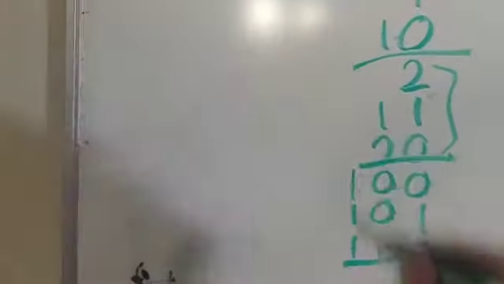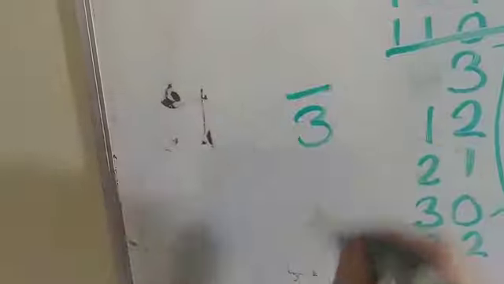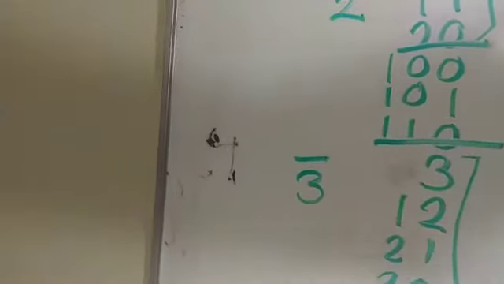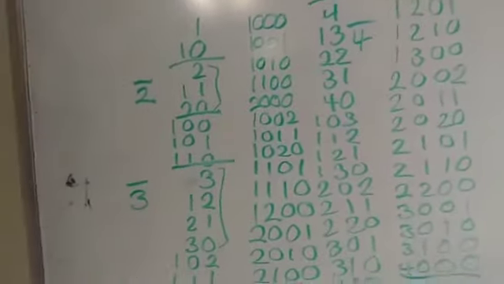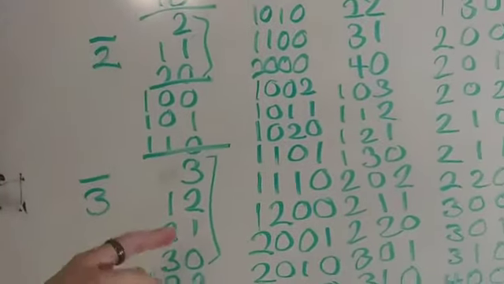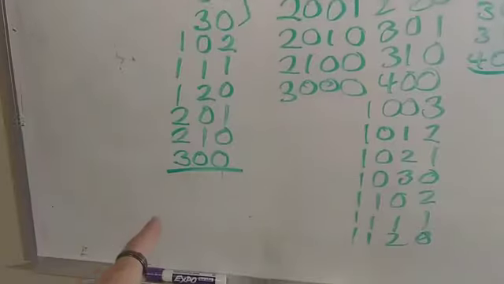So you've got 2, 11, 20 is the first, and the notation for this is the number with a line over it. Okay, so 2, 11, 20 is the 2 sequence. 3, 12, 21, 30, 102, and so on, all the way up to 300 is the 3 sequence.